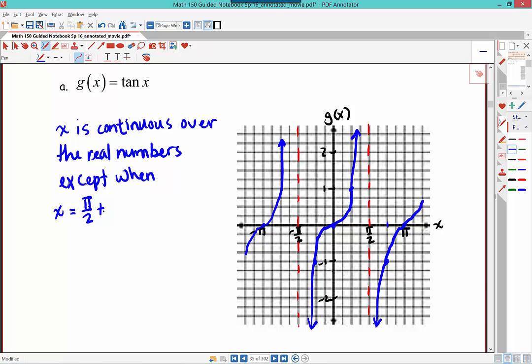And then if we say plus k pi, let's see if that'll work.